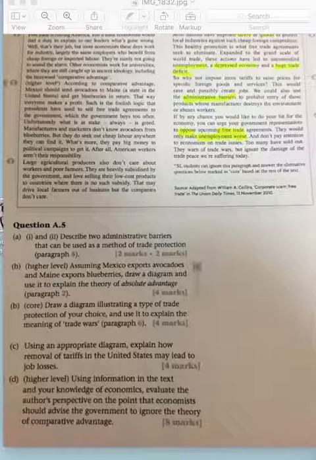The first type of such barrier can be product standards to meet certain domestic requirements. For example, when importing apples, the apple should weigh more than 5 pounds. Such product standards can be the domestic requirements.